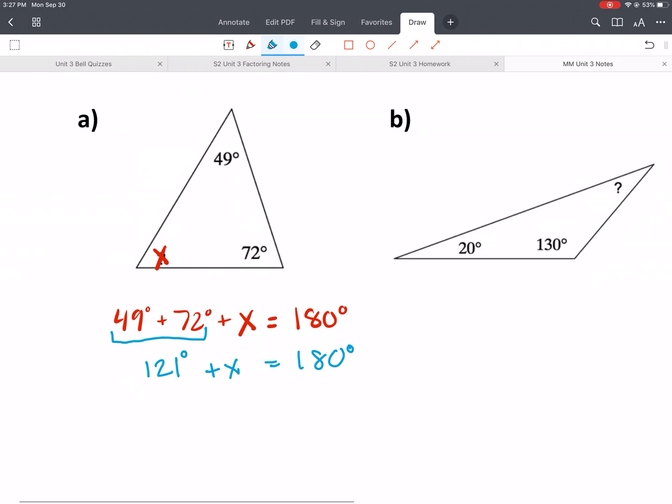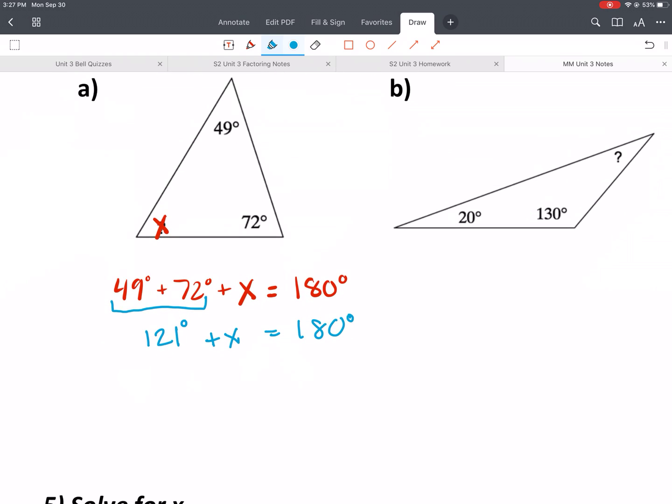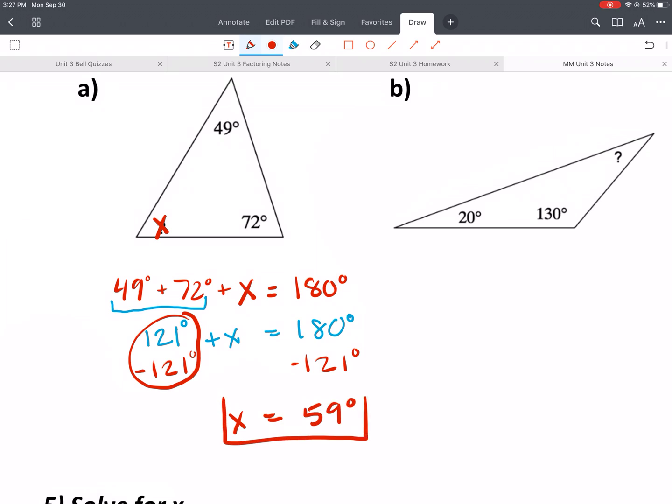Now if we want x by itself, all we need to do is subtract 121 from both sides. 121 minus 121 cancels, that gives us 0. All we'll have is x equals, and if you can use your calculator, that would be great. 180 minus 121 gives us 59 degrees, and that would be your answer.